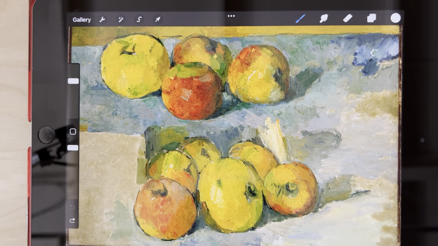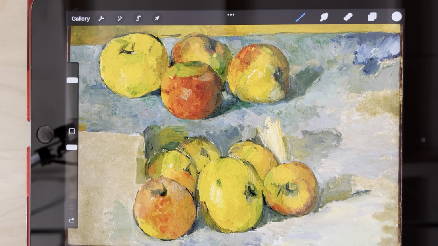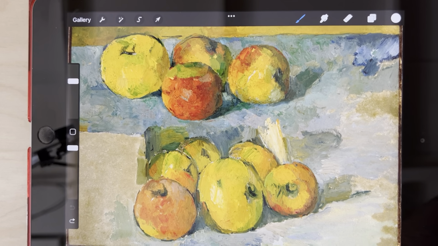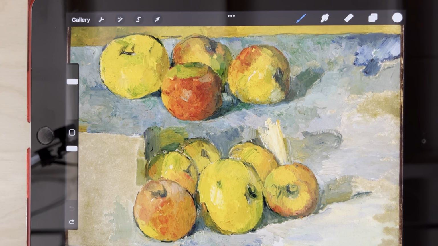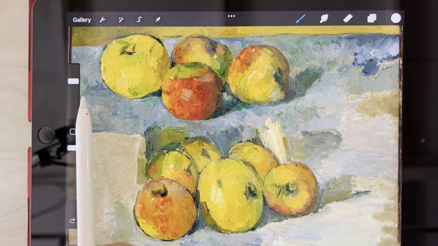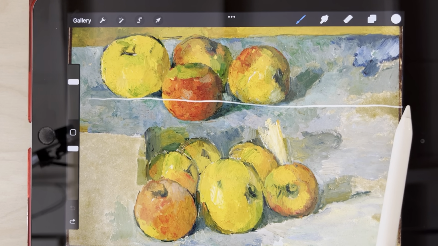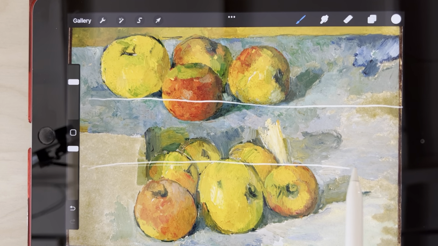Let me show you, first of all, when we talk about composition, one of the most important elements of knowing what to do with your canvas is what we would call the rule of thirds. Here very clearly we can see that Cézanne has understood the rule of thirds in the way that he divides his canvas into three equal parts.